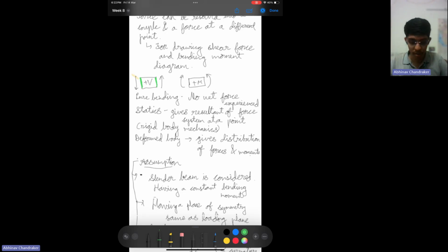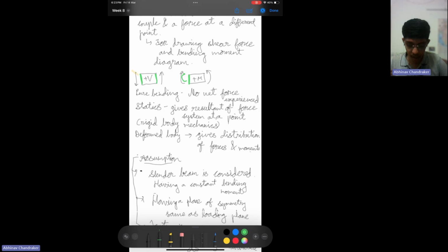And if it is of the opposite direction, then we call it negative. Similarly, if a member is experiencing some bending moment, and we are looking at it from the left, and the bending moment is clockwise, we call it positive. If you are looking at it from the right and it's anti-clockwise, then also it's positive. And if it's in the other direction, we call the bending moment negative. So that is the convention we'll be using for making the diagrams.